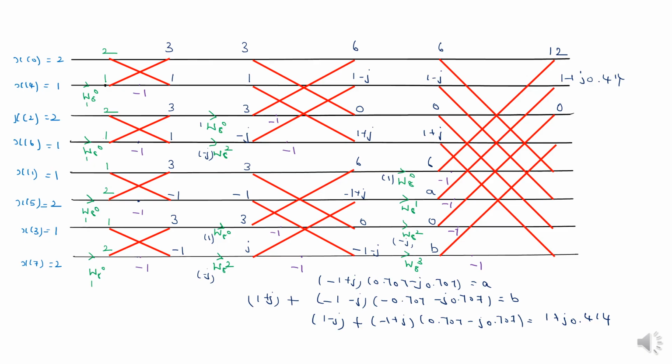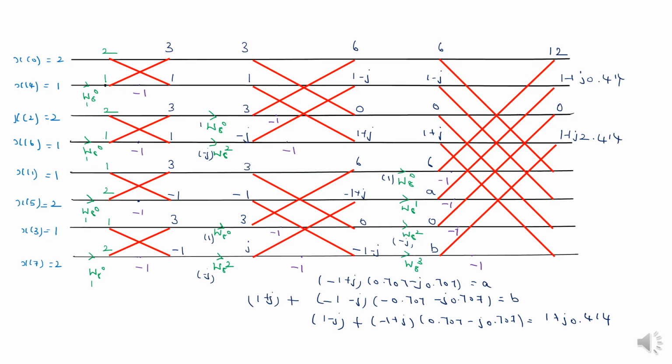Upon simplification, the value that we obtain here is 1 plus j 2.414.